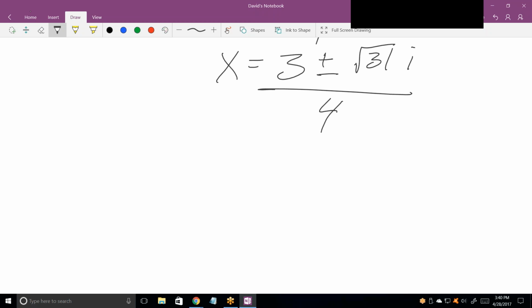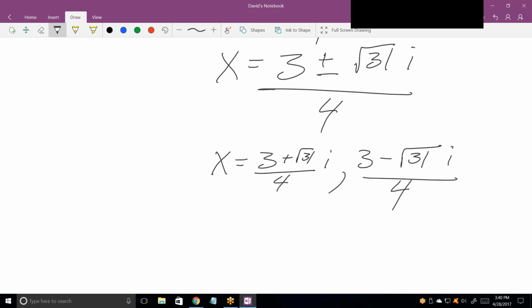So if we do that, then we've got two solutions. This one, and this one. And in fact, according to his instructions, this is the way we have to give it. Over 4, then 3 minus.